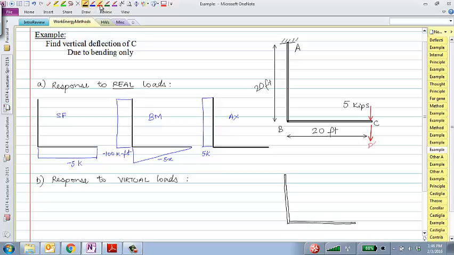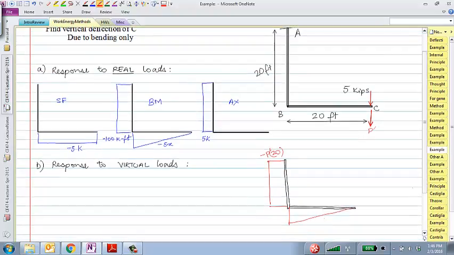And since this is a virtual bending moment diagram, I'll draw it in red. Same sort of variation. This value is negative P prime times 20. And this is again measuring x from the right. I can write it as minus P prime times x.